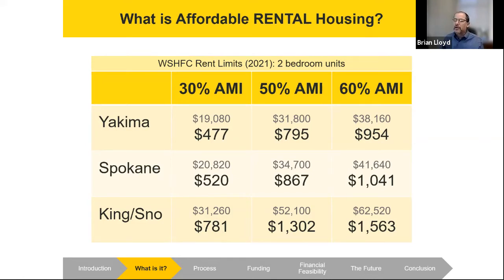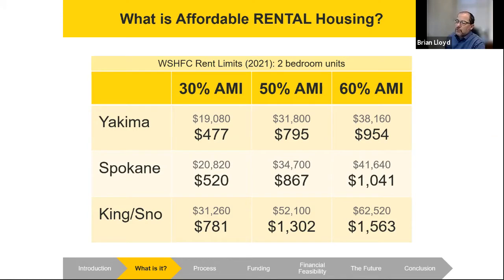So a three-person household would generally be living in a 2-bedroom unit. So these are the rent limits for a 2-bedroom unit from the Washington State Housing Finance Commission, which publishes this data, both the income limits and the rent limits for every county in Washington State. So if you want to check that out, go to the Washington State Housing Finance Commission website, and you can find the full rent charts.